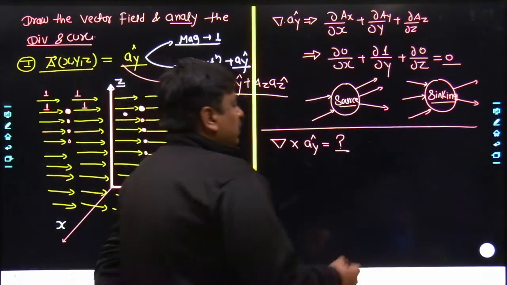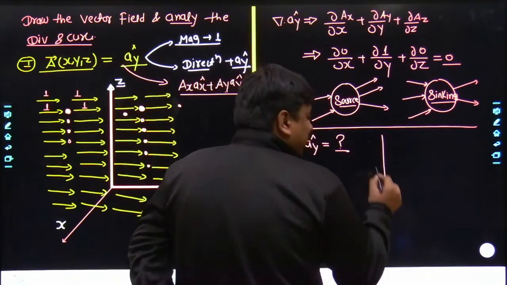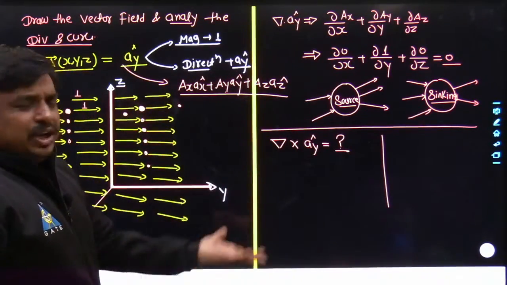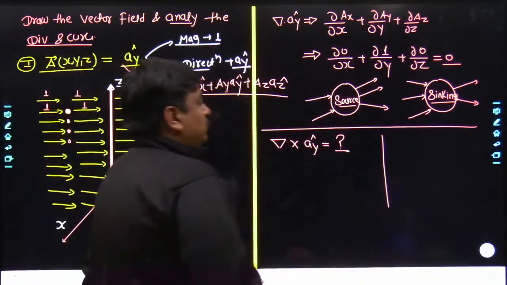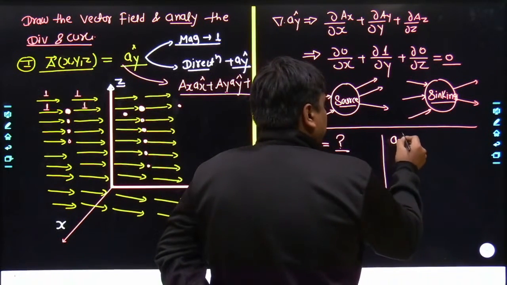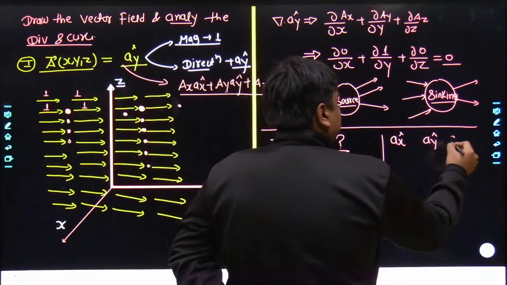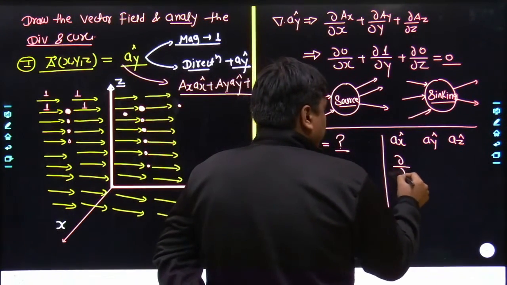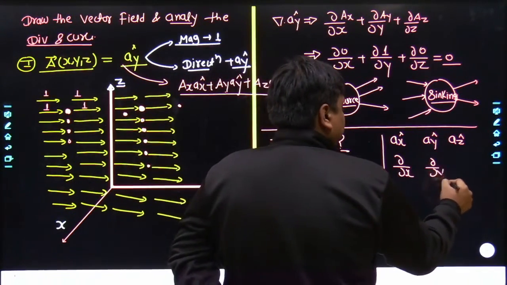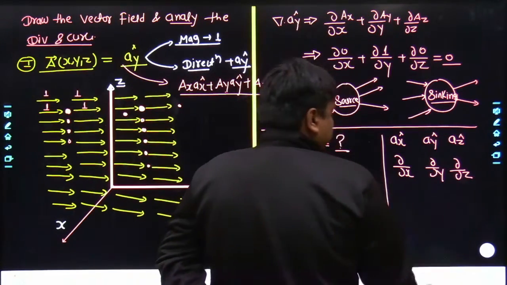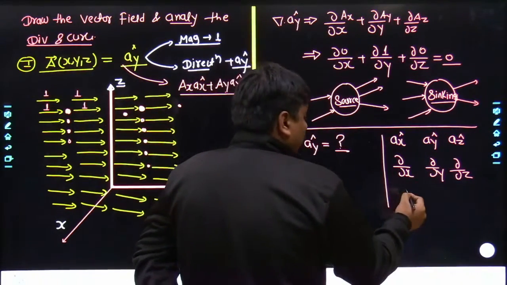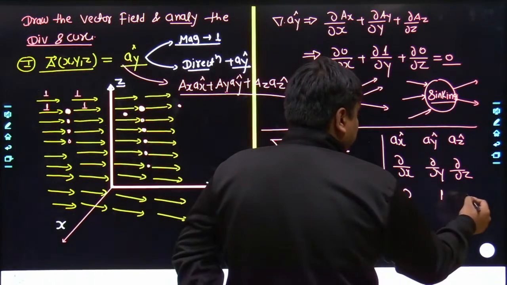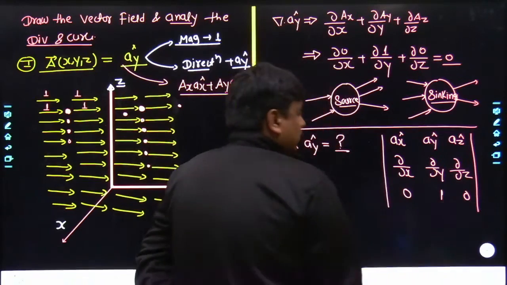How do we calculate curl? Anyways, curl would be a separate topic, but for better connectivity with the Cartesian coordinate system, I need to take 1 or 2 problems. So if we calculate the curl of A y cap, it is going to be the determinant with del/del x, del/del y, del/del z. Here the component of Ax is simply 0, the component of Ay is 1, and the component of Az is simply 0.